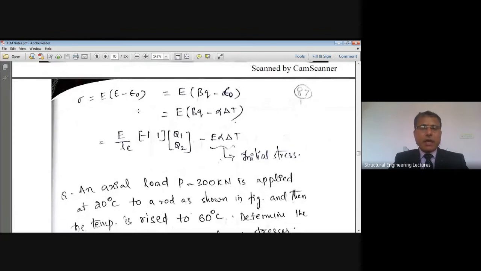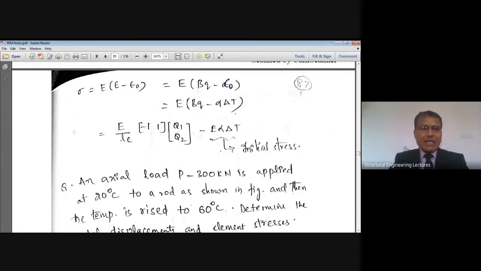Then I can find the stress in each element, given by sigma E multiplied by epsilon minus epsilon naught. Expanding that, epsilon is equal to B multiplied by Q, and epsilon naught is equal to alpha multiplied by delta T. I have the final relationship E multiplied by BQ minus alpha multiplied by delta T, or it may be written like this also: E divided by L times minus 1, plus 1 times Q1, Q2, minus E alpha delta T. This is what is called the initial stress corresponding to the initial strain.